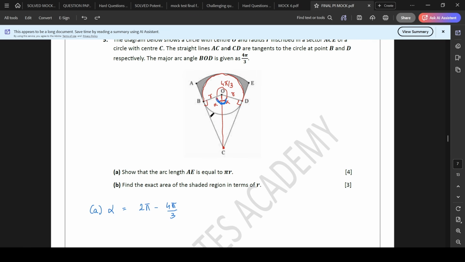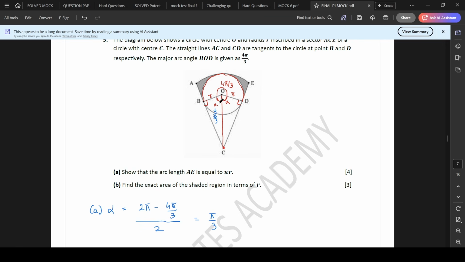I will be getting 2 alpha. So to get one single alpha, I'll need to divide this by 2. So what is this simplified to? I'll just use my calculator for this very quickly. Or you can simplify it orally if you're good with the oral calculations. So 2 minus 4 by 3, divided by 2, gives me pi by 3. This is coming out to be pi by 3.